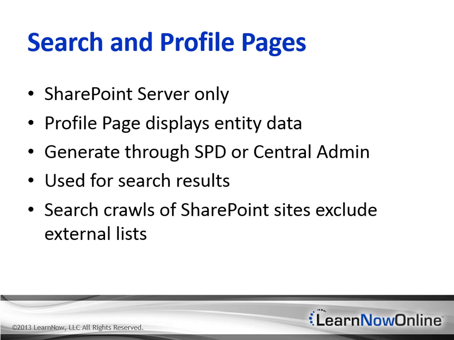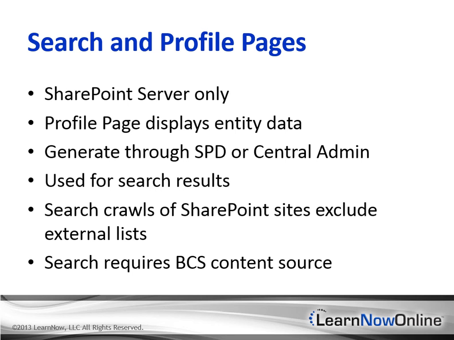So normally search crawls of SharePoint sites exclude external lists, so you need to require the BCS content source. You just need to add that content source to your search crawler, and then it'll crawl that data. And then if you have the profile page associated with the external content type, then it'll use that to display the BCS search results.